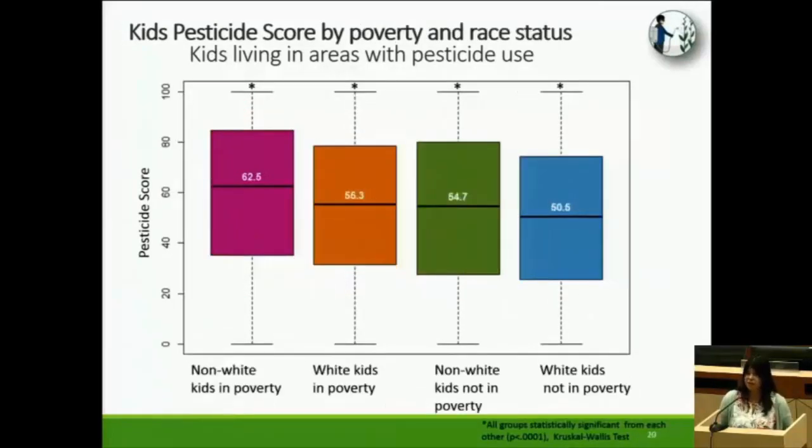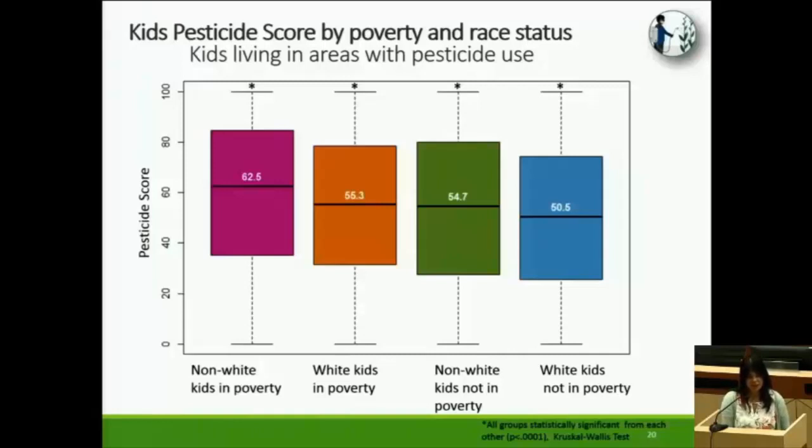And then the final thing we looked at was, again, how we looked at children, and then we wanted to look at poverty as well. How does poverty play a role in understanding the type of exposures children in these areas might be exposed to? So again, we looked at the pesticide score, and we had those 4 groups that I mentioned before. So we have non-white kids in poverty, white kids in poverty, non-white kids not in poverty, and white kids not in poverty.